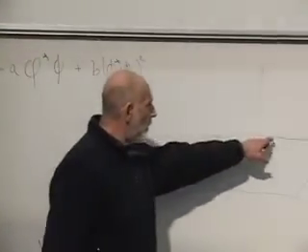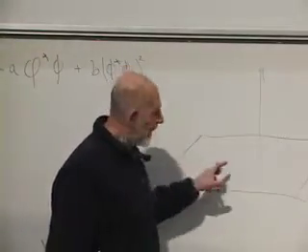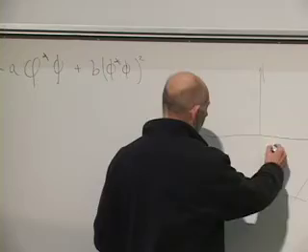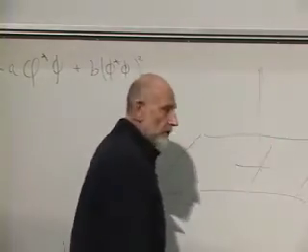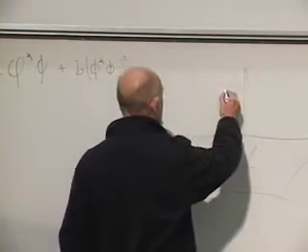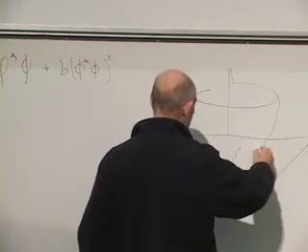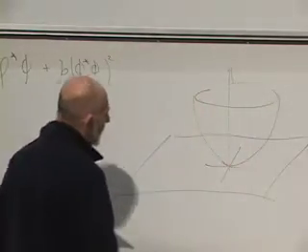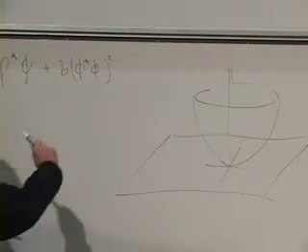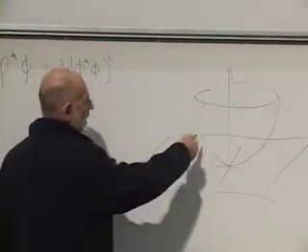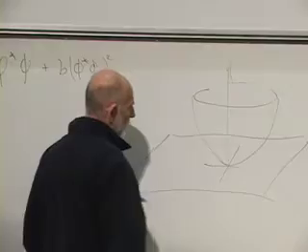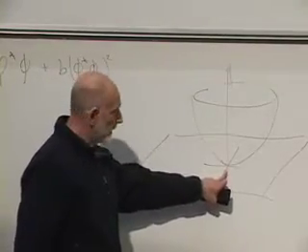It's a function only of phi star phi. That means it's a function only of the distance from the origin, and the potential would look like something like this. It would be a paraboloid which would have complete rotational symmetry about phi equals 0.